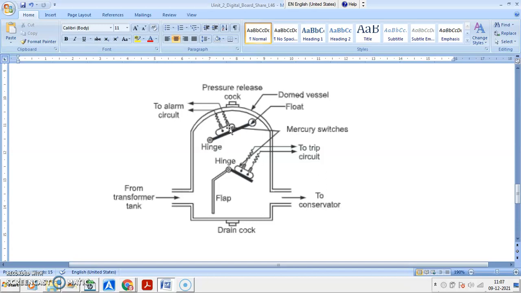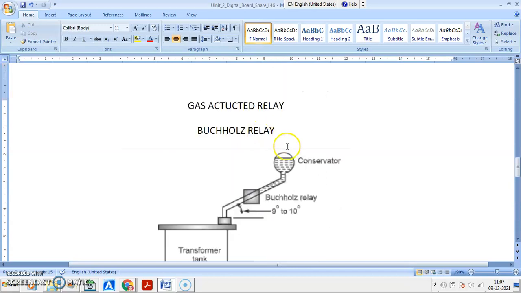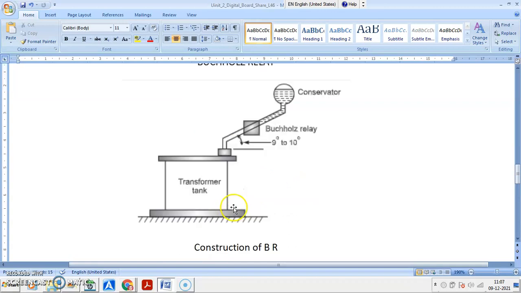Normally, this conservator is provided for expansion and contraction of transformer oil. So whenever there is an incipient type of fault, or a huge short circuit inside the transformer, now when there is an interturn fault or incipient type of fault, what happens?